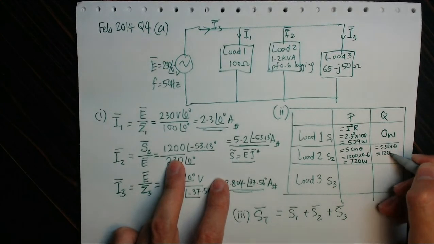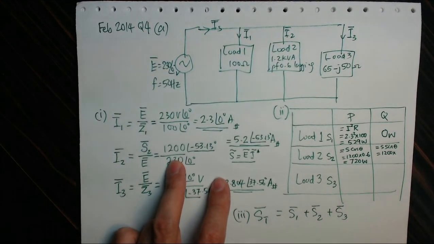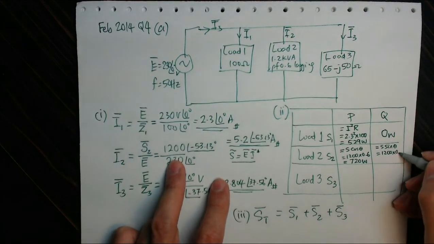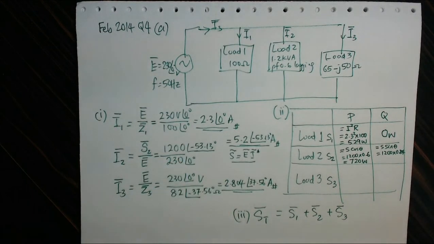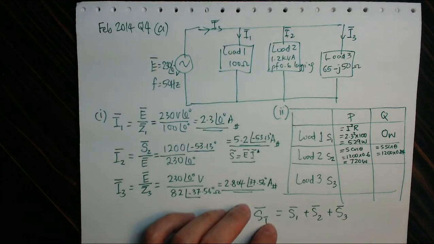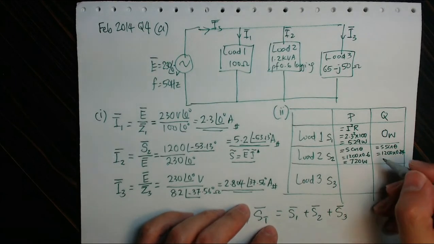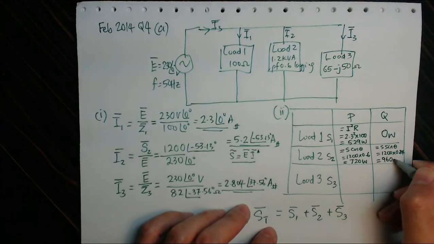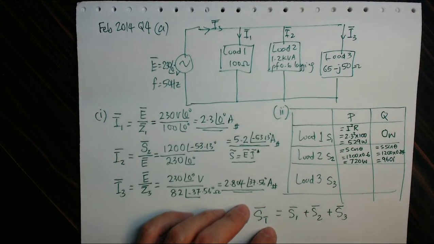This is 1200 multiplied by 0.8. Okay, let me check again. This comes to about 960 VAR.